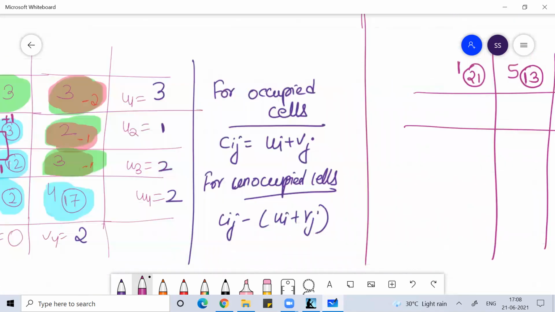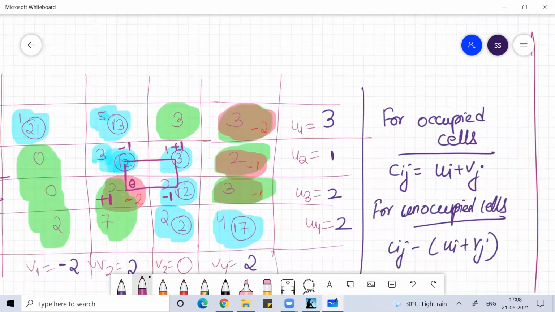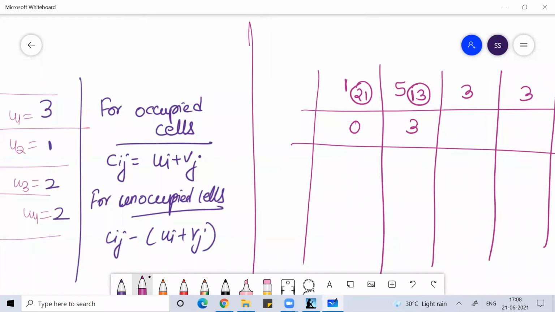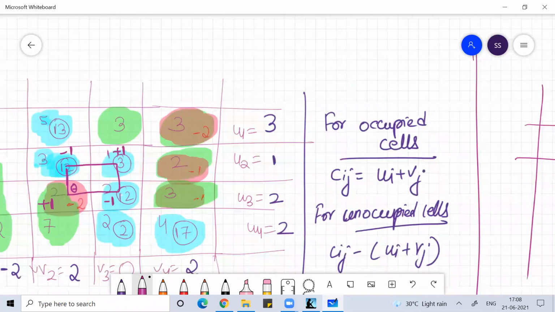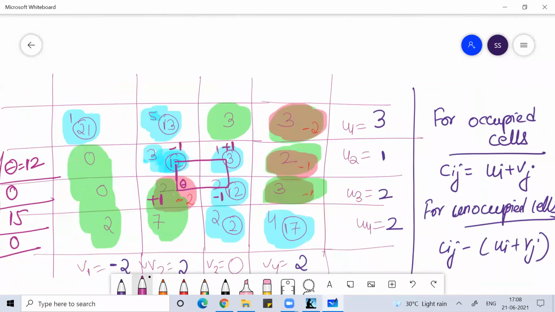Then 0, then you have 0, then 3, then 3. The allocation becomes 0, the 12 minus theta, then 3. Then what is the cost of the third element? 0, 0, 3, 1.